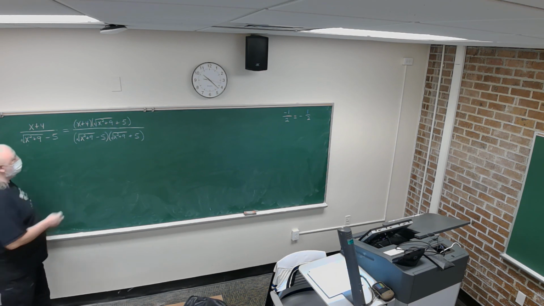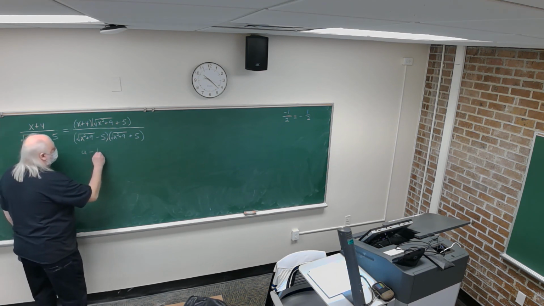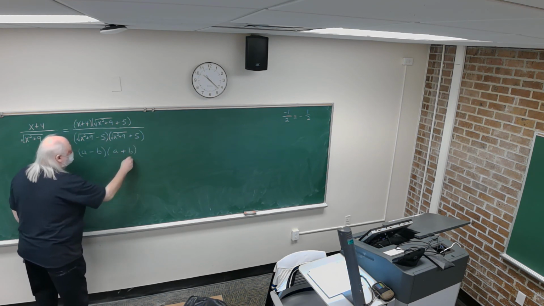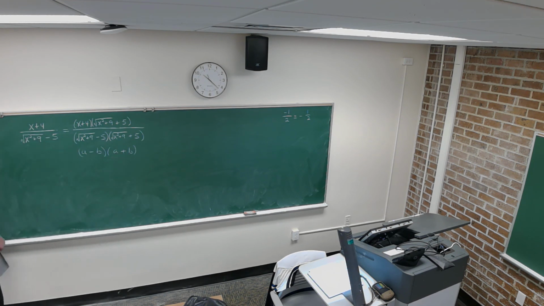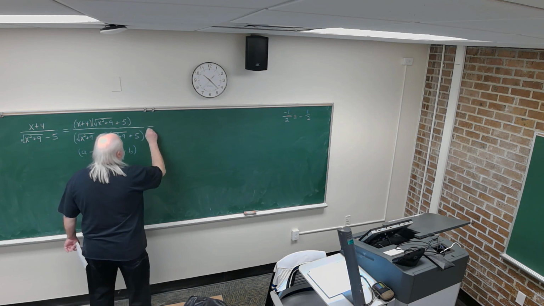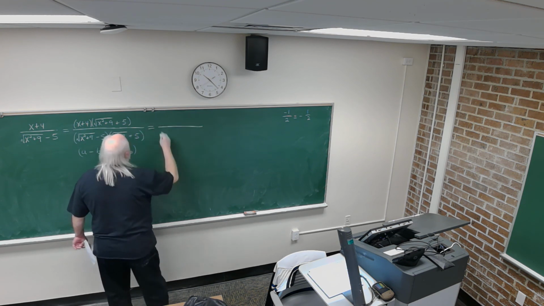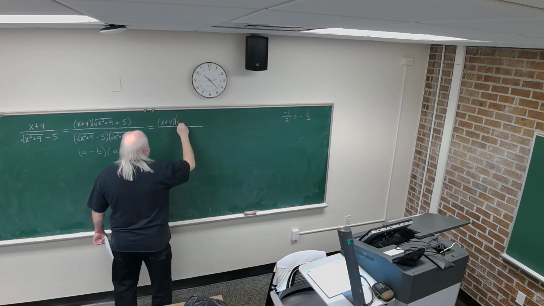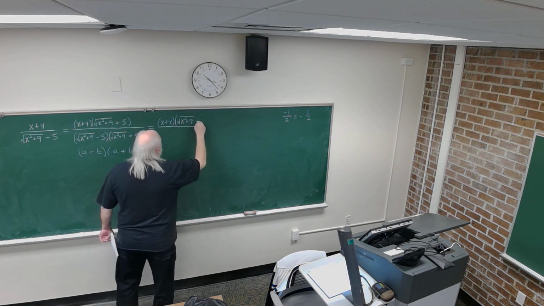So the denominator is of the form a minus b times a plus b. The numerator is x plus 4 times the square root of x squared plus 9 plus 5.